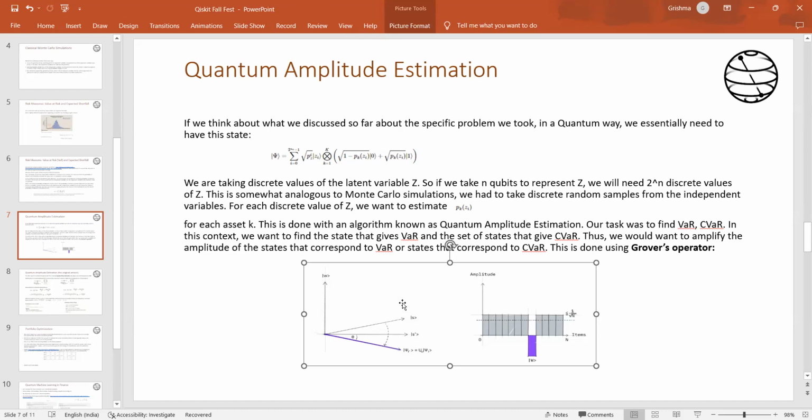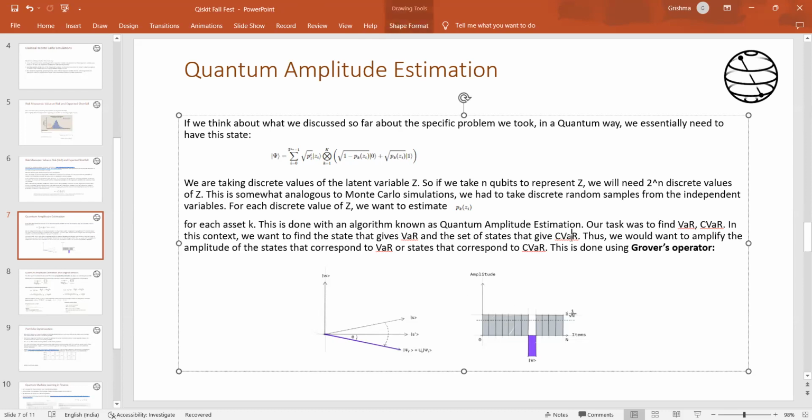One may think that you can have the worst cases when you have default in everything. But as I said, since you would be designing your portfolio in such a way that you don't incur losses in everything, you would probably have something like a combination of defaults and non-defaults, which could be really bad for you as an investor, or as someone who's investing into financial derivatives or instruments.